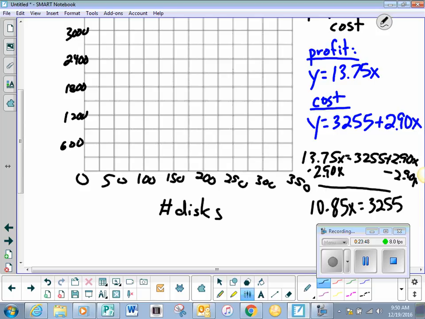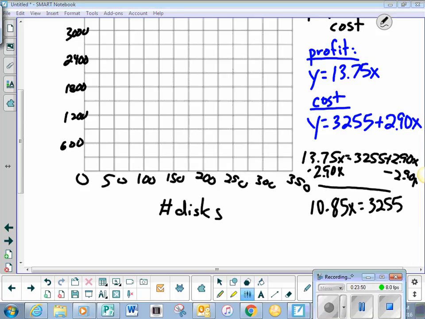300. Oh, that's nice and neat and even. X equals 300. So what do I know 300 is going to be? A break-even point, right? At 300 discs, I will have paid off my rent and I'll have made as much as I've spent. So which is how much money?